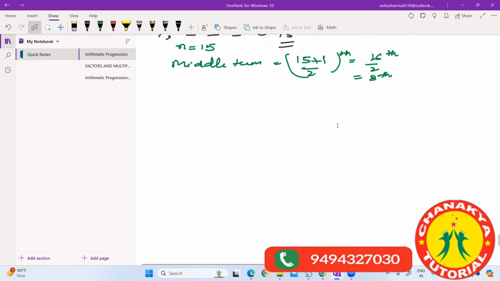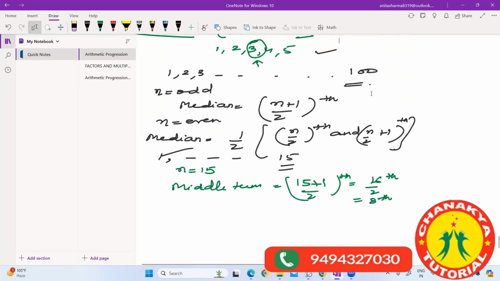Ma'am, can you repeat it again? See, there are two cases of finding the median. First is when the number of terms or observations is even. Then you have to apply half of the n by 2th and (n by 2 plus 1)th terms. And if n is odd, then you will find your middle term using the formula (n plus 1) by 2th term.